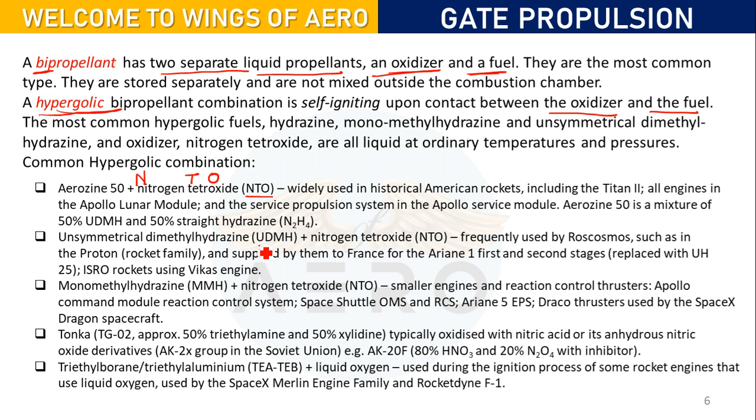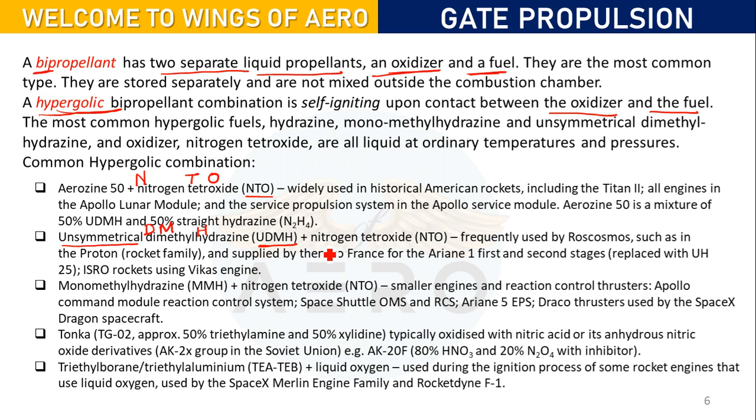Then the next combination is UDMH. Sometimes they will just write UDMH, and you have to find out what that is, whether it is a bipropellant or a monopropellant or something else. UDMH is unsymmetrical dimethyl hydrazine.